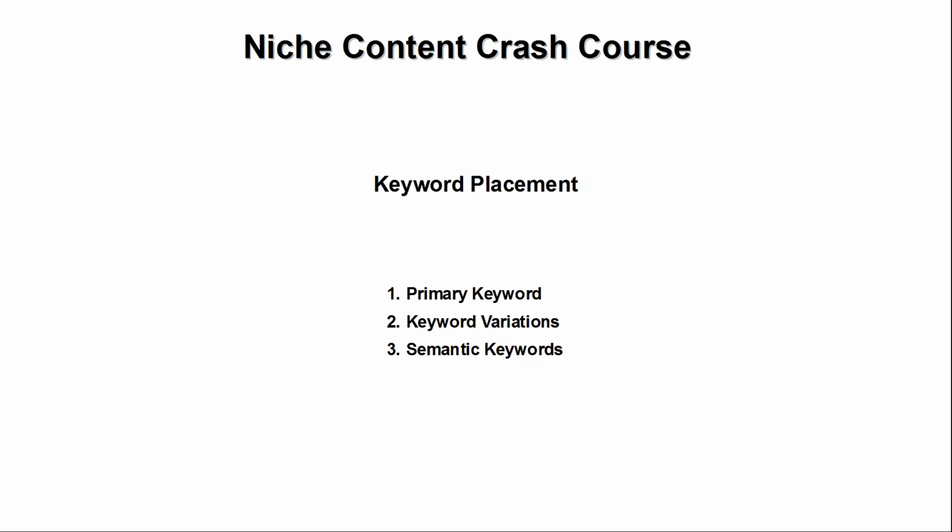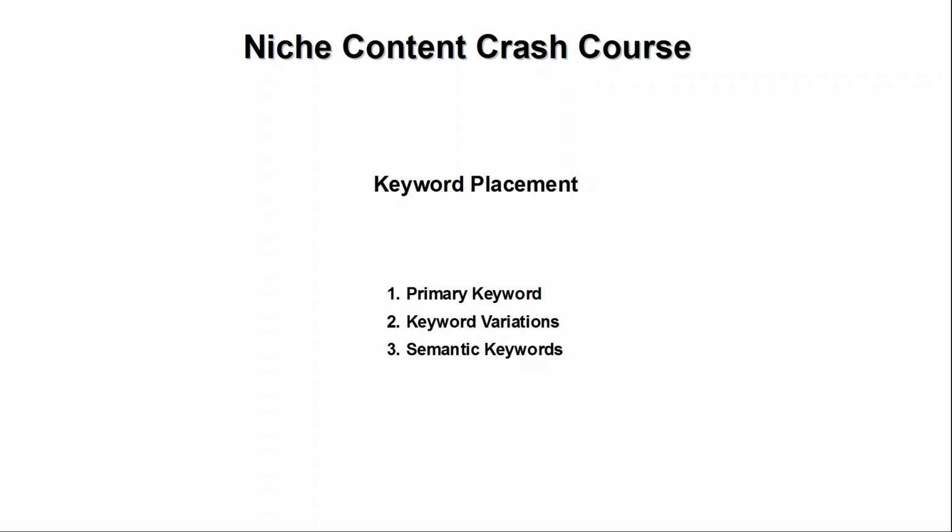Now, the other kind of keyword is a semantic keyword. The semantic keywords are simply any other relational word to that primary keyword phrase. The more of these semantic keywords you have, the better off you're going to be. You want to make sure you're dealing with unique semantic keywords.